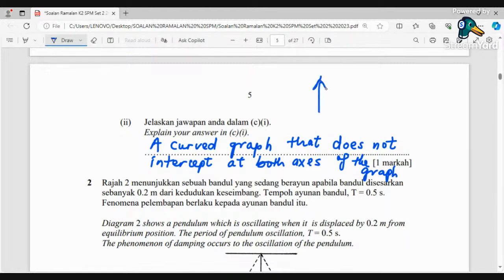So for a graph like this, y against x, it will not touch. It just approaches closer but never touches. So this is called an inversely proportional graph.